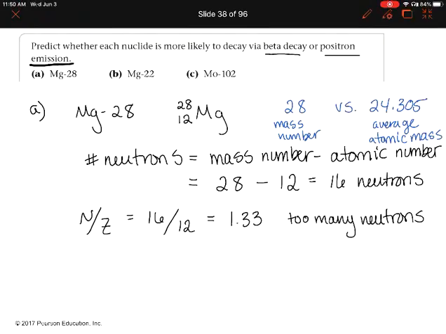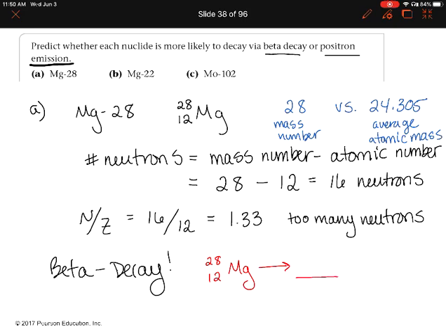All right, so that tells us that magnesium 28 decays via beta decay. So let's actually see what that looks like. So let's write an equation here. All right, so we have magnesium 28, and we don't know what its daughter nuclide is, but we do know that it emits a beta particle.